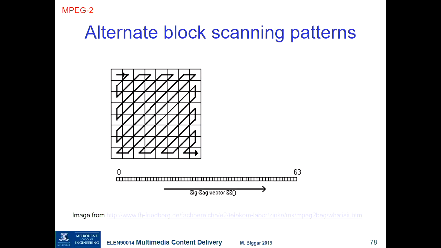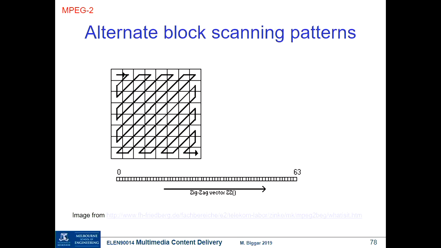Okay, so I mentioned that there's an alternate block scanning pattern. Do you remember this zigzag scanning thing when we talked about JPEG? It's exactly the same zigzag scanning pattern that's used in H.261 and MPEG-1. Do you remember the reason why we had that zigzag scanning pattern?